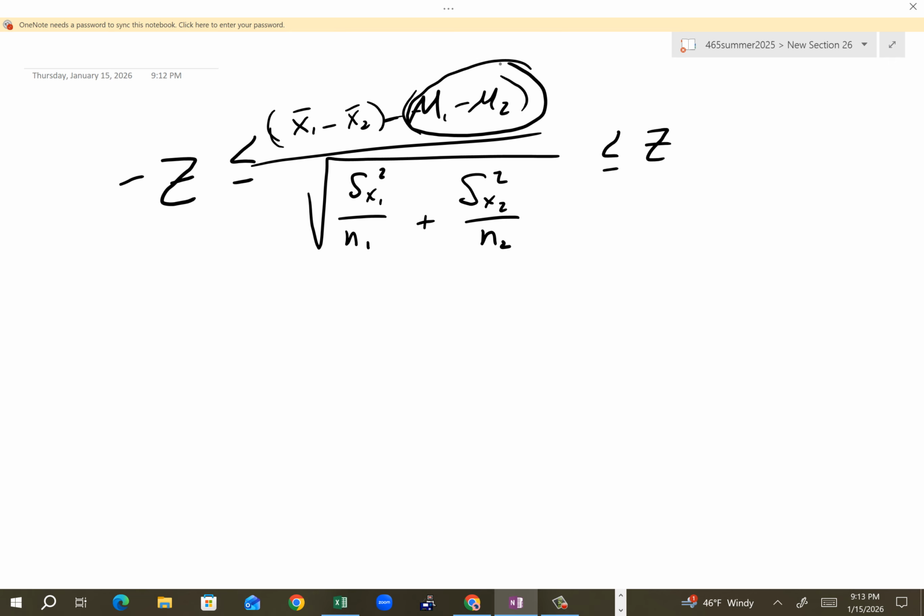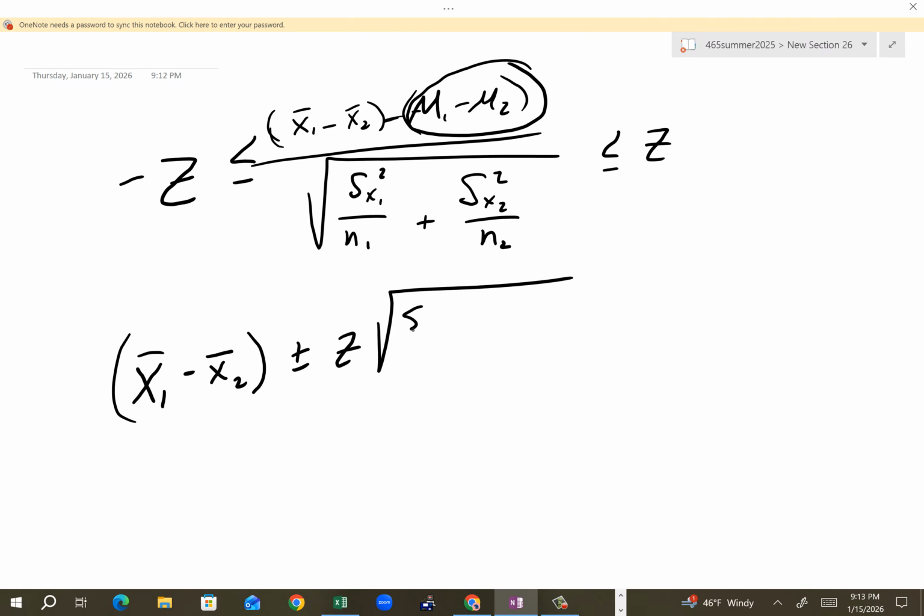Isn't it all going to come down to this thing here, x1 minus x2, plus or minus z. Yes, that's how it's going to go down.